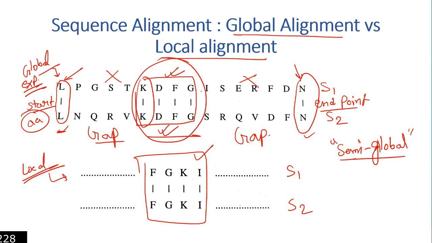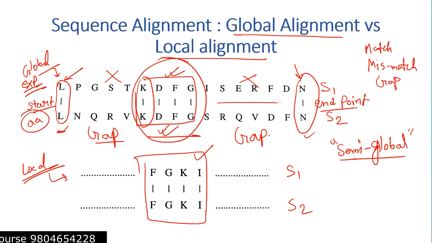Now generally, when we are comparing two sequences, there are 3 situations: either there is a match, there is a mismatch, or there is a gap. Basically a mismatch itself works like a gap in this case. So if there is a match, no doubt we keep it as an identity, and if there is a gap, then when we construct this alignment we put a score.